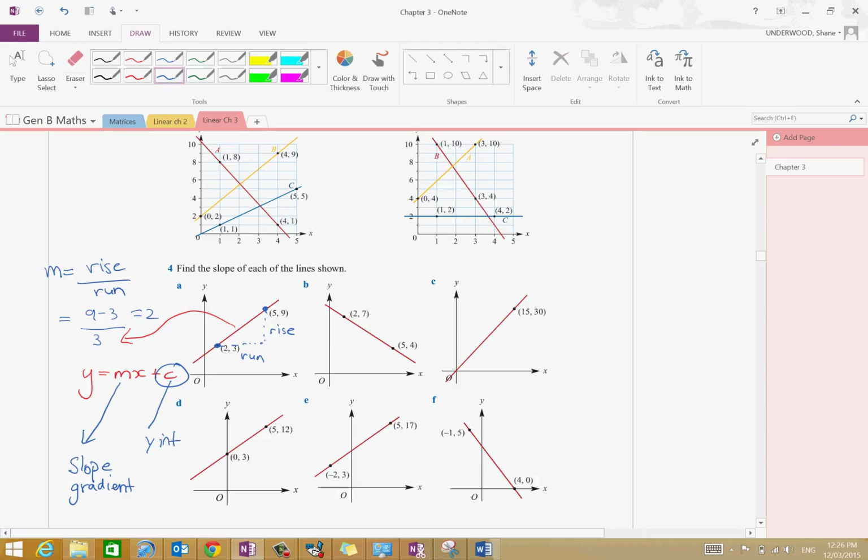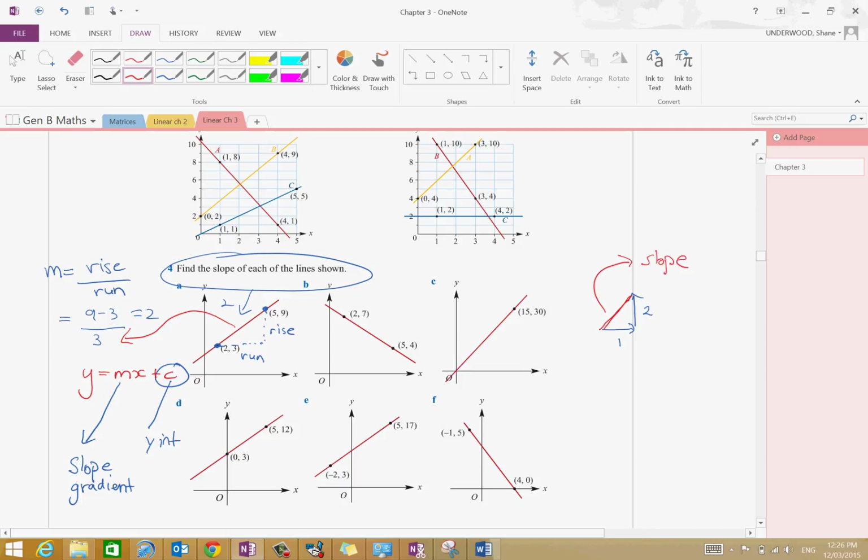So the slope of this equation is 2. In other words, for every time we go across 1, we go up 2. This is a slope of 2.